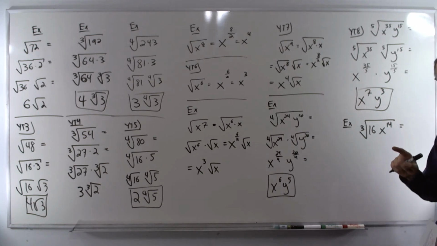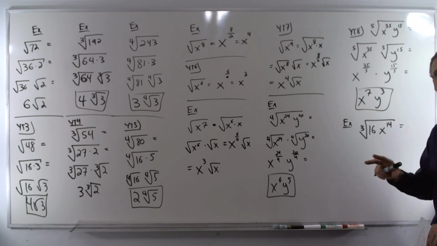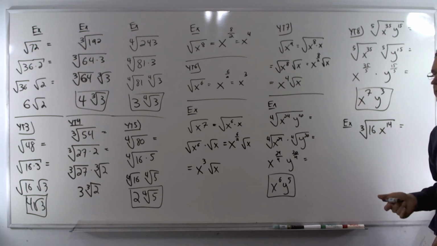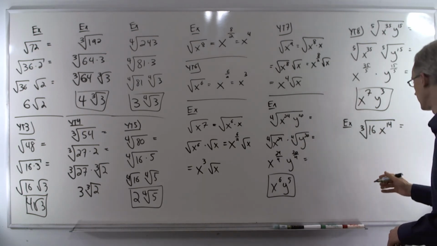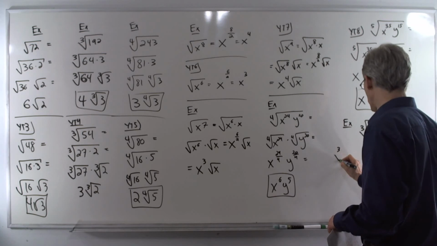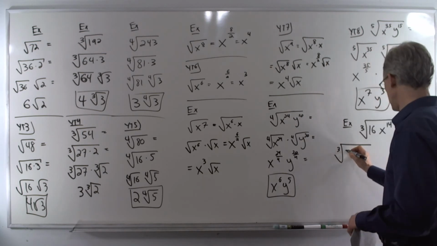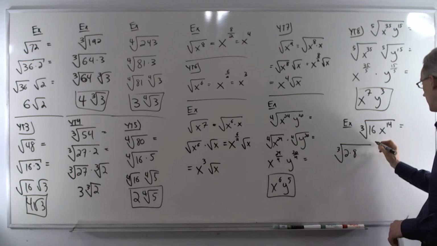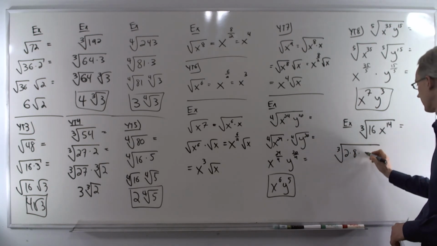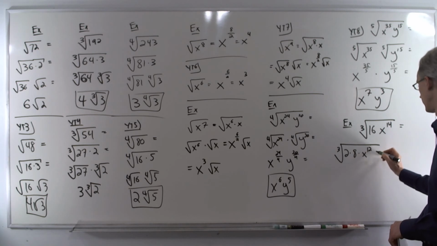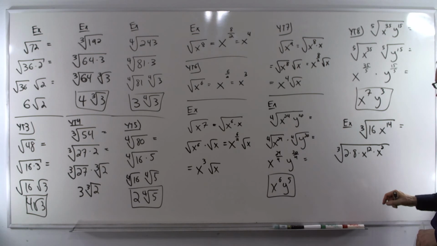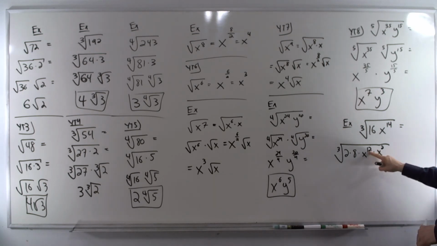One radical contains all of the perfect cubes, and the other radical contains the leftovers. So 16 can be broken up into 2 times 8, with 8 being a perfect cube, and x to the 14th can be broken up into x to the 12th times x squared.